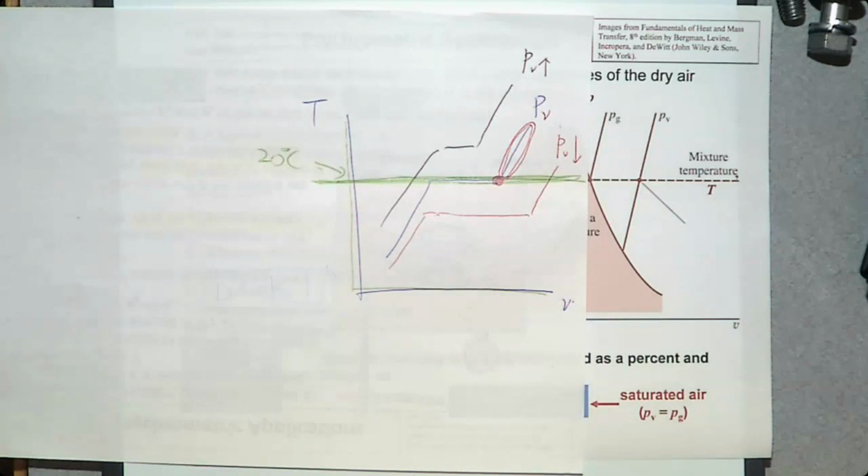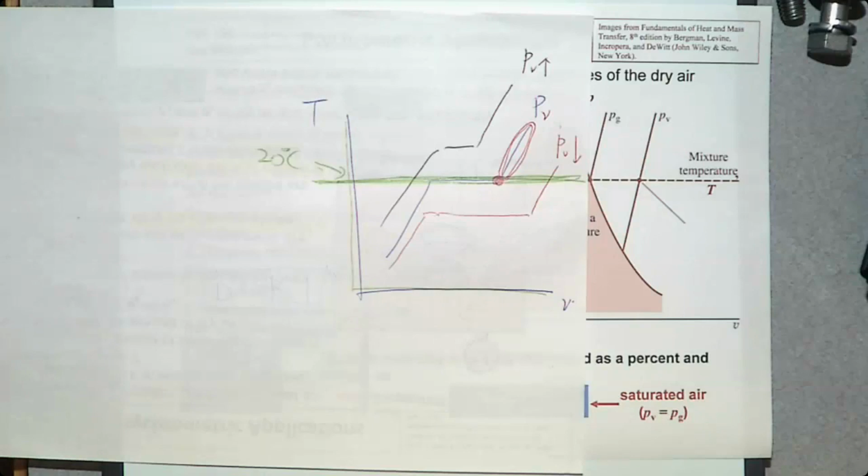What it means is that at this temperature, this air can absorb water vapor only up to this much. Where is it? At this temperature, your water should be on this line because this is the temperature 20 degrees Celsius. So water vapor in this classroom should be on this horizontal line.